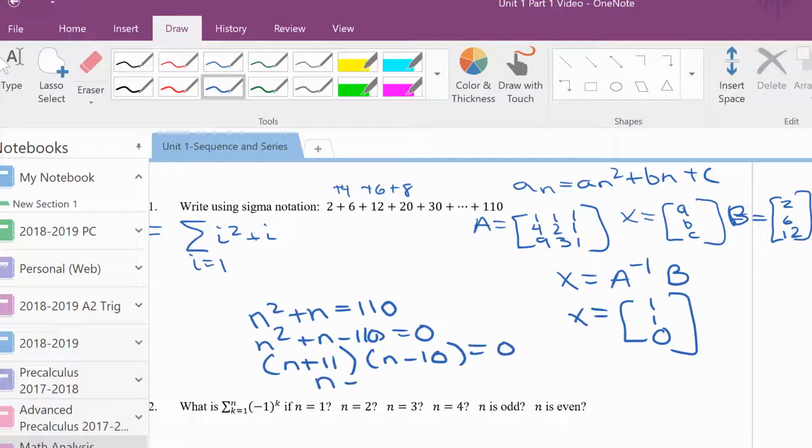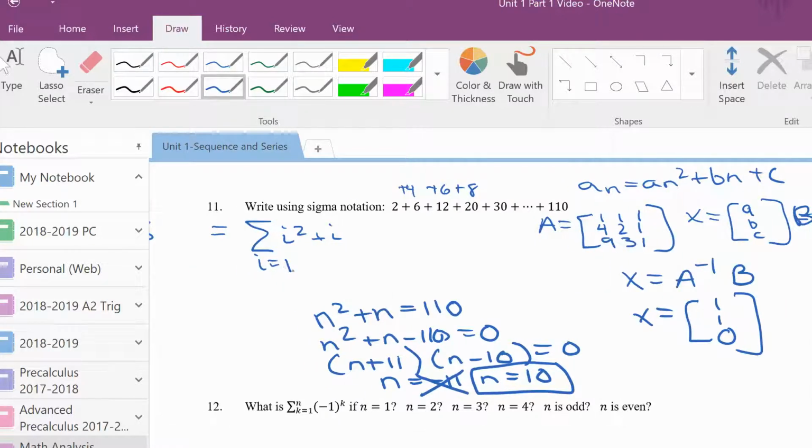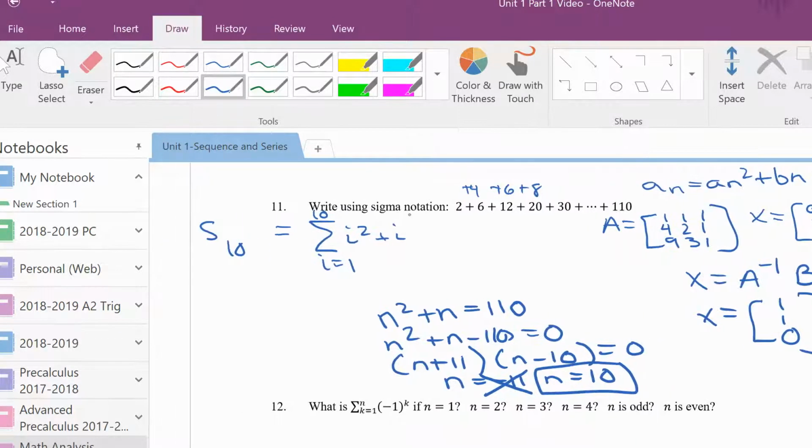So I get n equals negative 11, n equals 10. Negative 11 does not work because there cannot be negative terms, especially if you start with 1, you can't go backwards. So that means 10 has to be here at the top. And so here is the sum of the first 10 terms of that sequence that is in sigma notation.